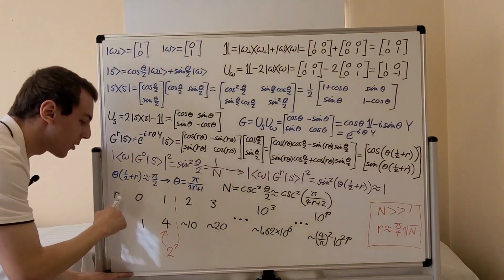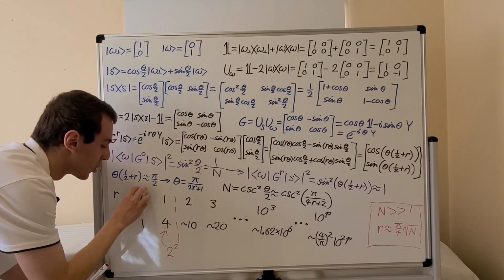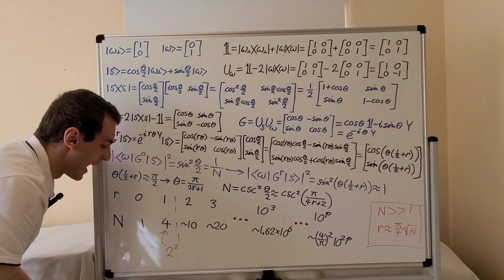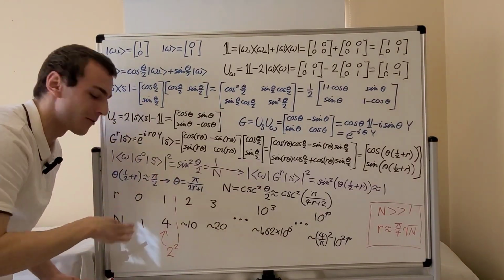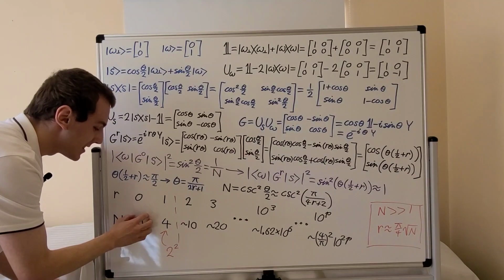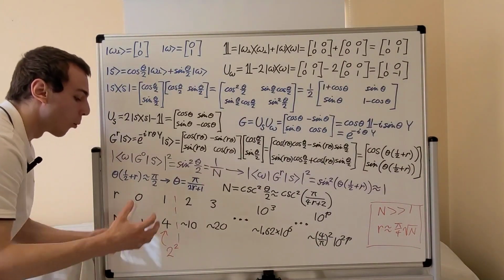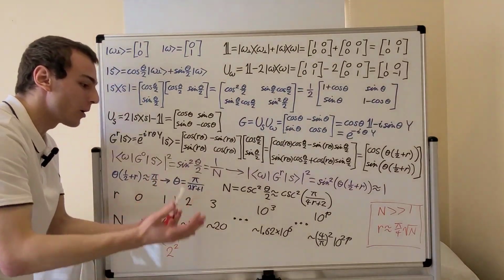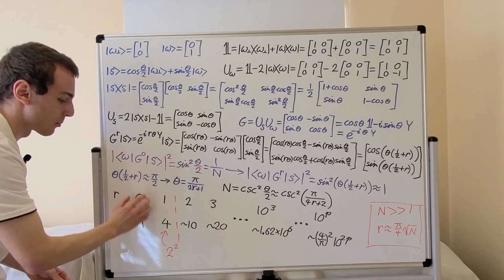But what is this r equals 0 option? So r equals 0 means you don't apply Grover's iteration at all. And this value of 1 means that you only have one state that you're searching for. So this can be considered the trivial case over here, because you only have one option. And if you only have one option, then you've already found the solution. So this is not a very useful option.